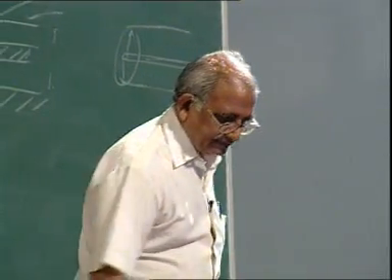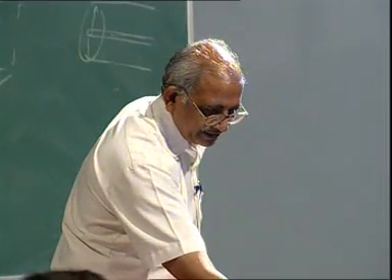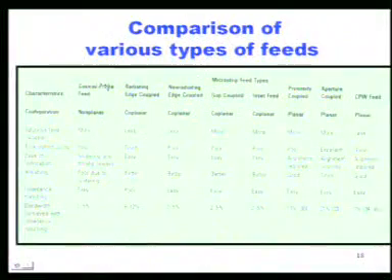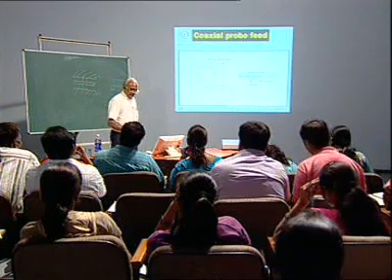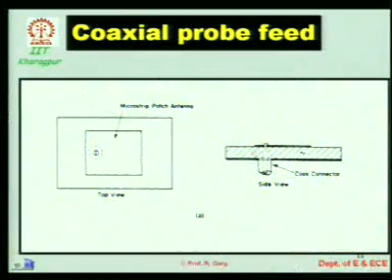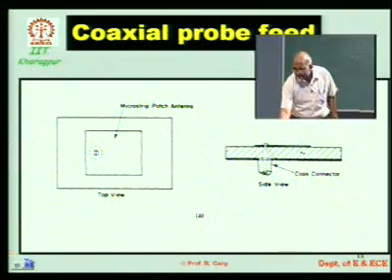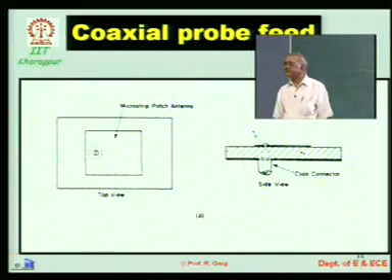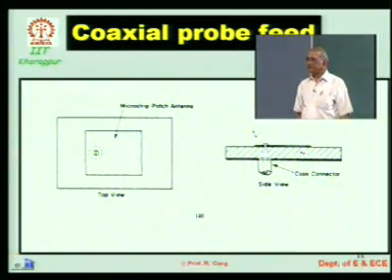We go to the next aspect, the polarization purity. In the case of coaxial feed, there is a problem with the polarization purity. There are going to be field lines here also where it is feeding, and from here there is going to be extra radiation, and that compromises the polarization purity.